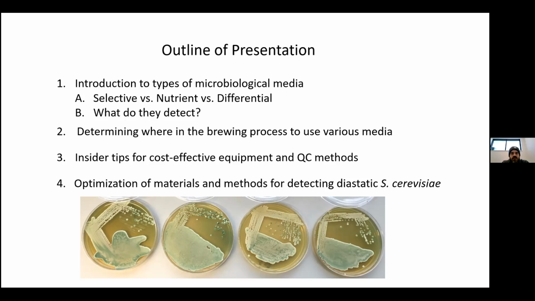Then I'll give you a handful of insider tips for cost-effective equipment and QC methods. These are things we've cobbled together over the years from starting a yeast lab and trying to do it with my own money in a cost-effective manner. Some of the tricks we've learned keep costs down for some of these QC methods.